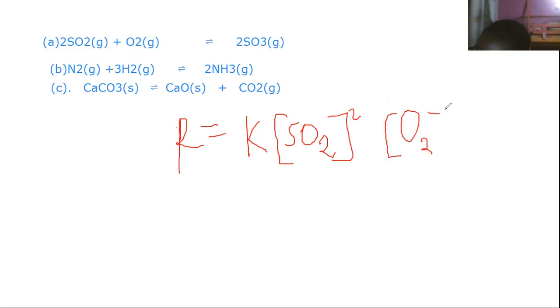K means constant. K is the rate constant.